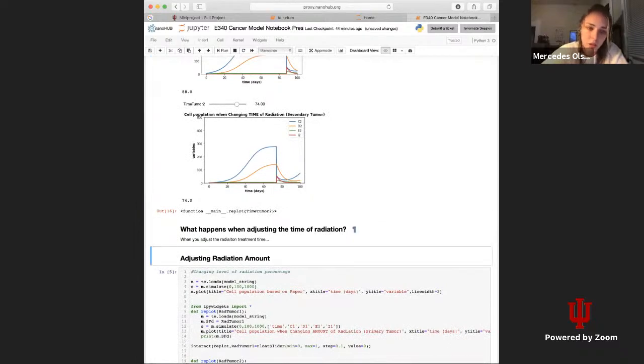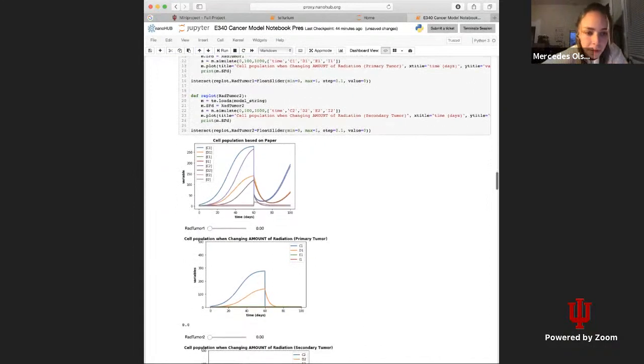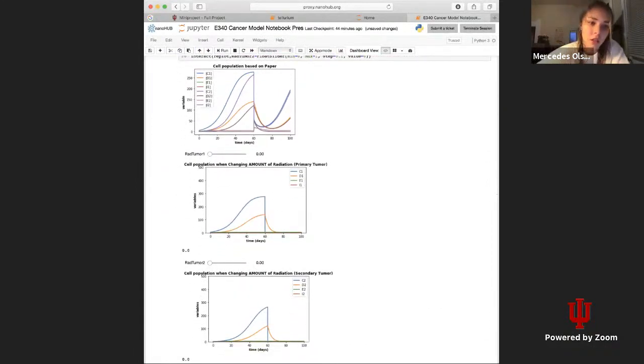Going on to adjusting the amount of the radiation, which I found a little bit more interesting. In the first tumor, and again, I just have it in 2 separate ones so you're not looking at 10 lines all overlapping each other. So the original number was 0.2. If you go to a little bit less than that, you can see there's a smaller effect.